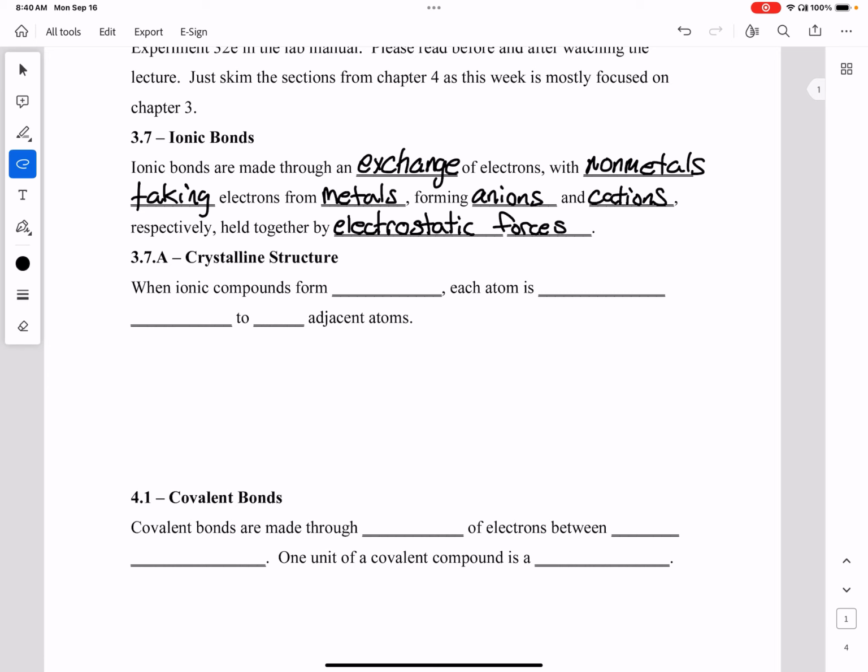So let's talk about the crystalline structure. When ionic compounds form crystals, every single atom is ionically bonded to all adjacent atoms. So let's draw a picture of that.